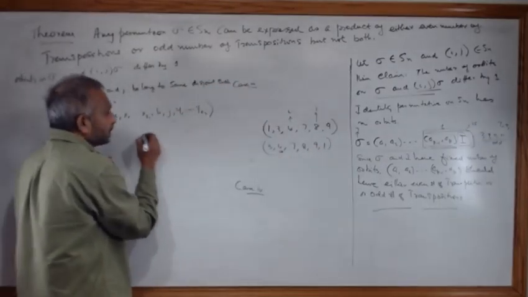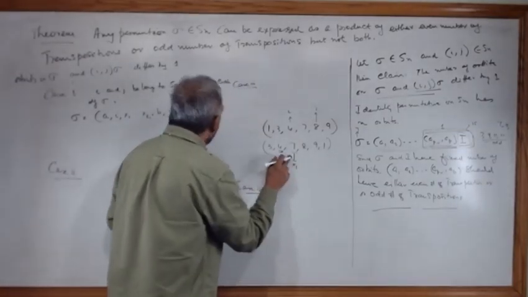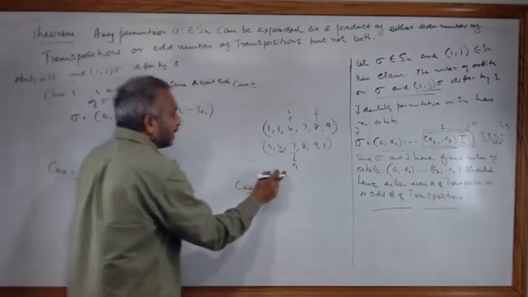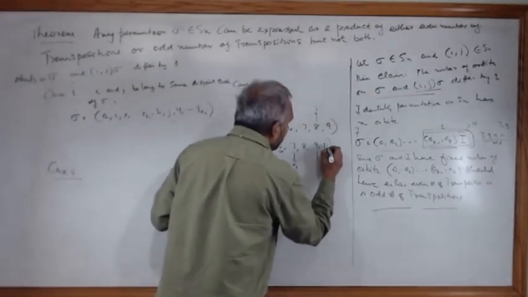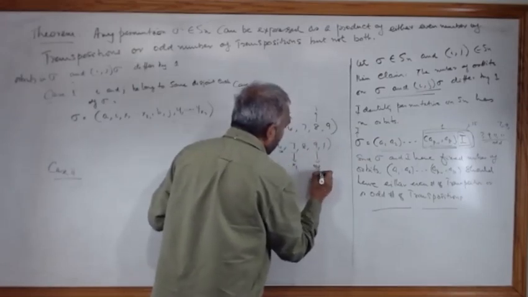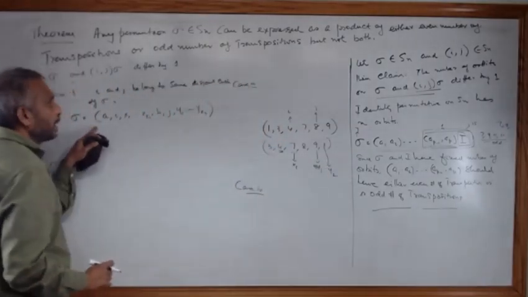And this is x1. There is only one, so x1, x2, x3, xk1. So there is only one x1 here, and here this is my y1 and this is my y2. That is what I'm trying to say here.